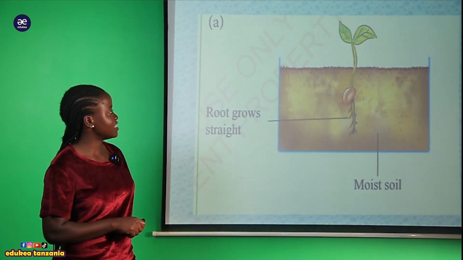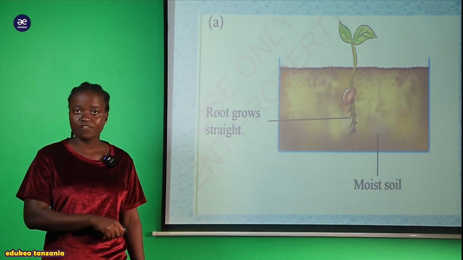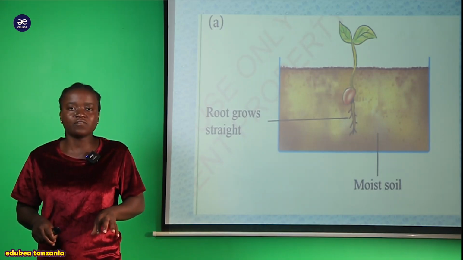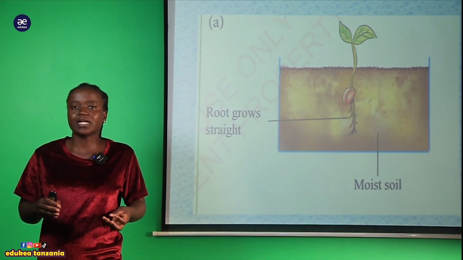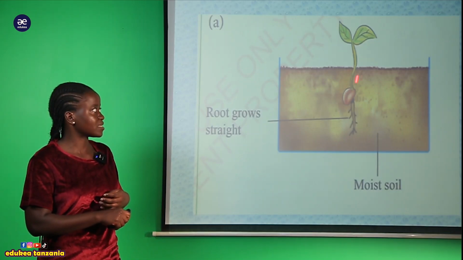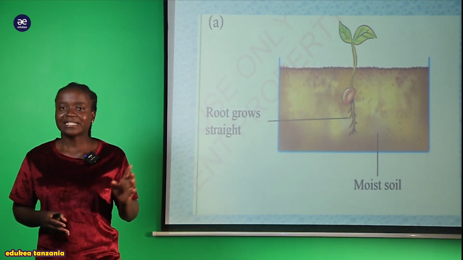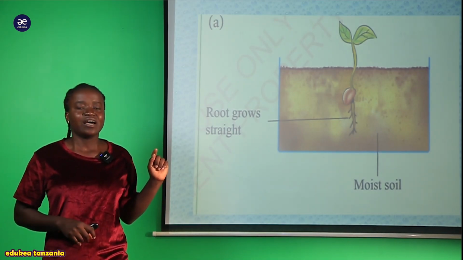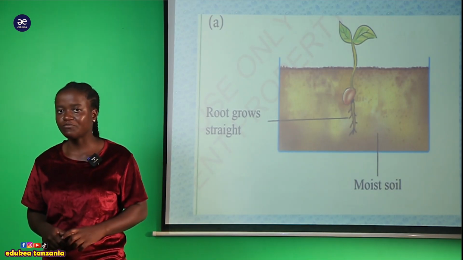The root will tend to move toward the direction of the moisture, where they need the water or moisture so that it can bring it into the plant so that the plant can grow healthier. This is a positive hydrotropic movement.